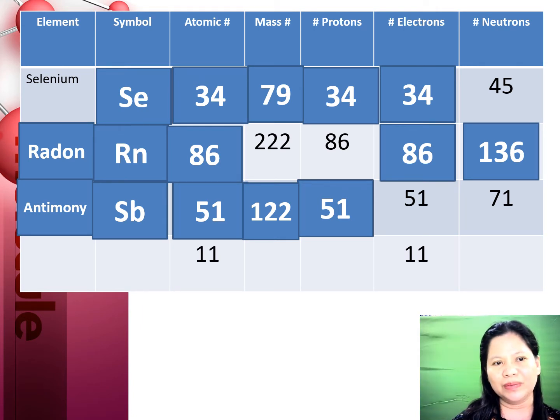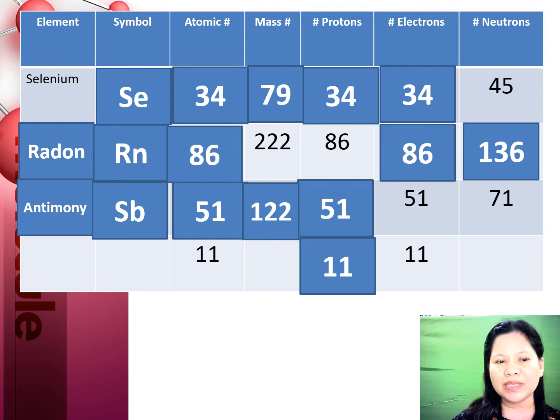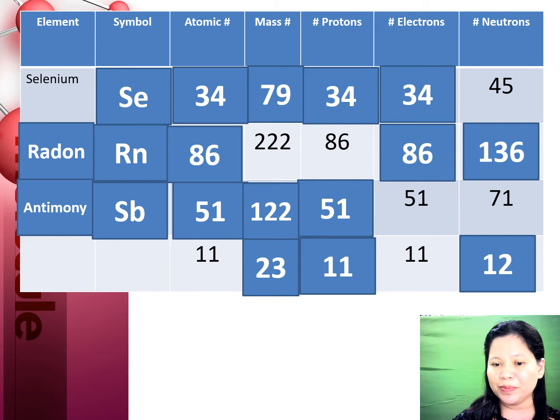Last example. Atomic number is 11. Electron is 11. So therefore, the protons is 11. So what would be the mass number? Since we don't have neutrons, maybe you can check your periodic table. What is element number 11? Definitely that is sodium. Sodium has a mass number of 23.